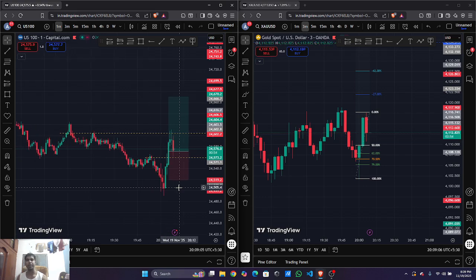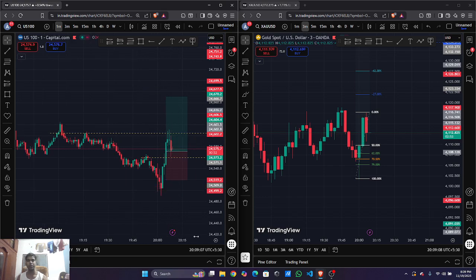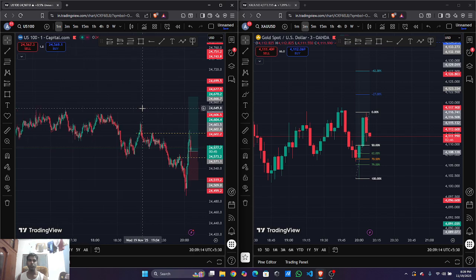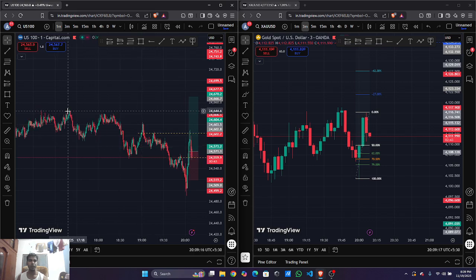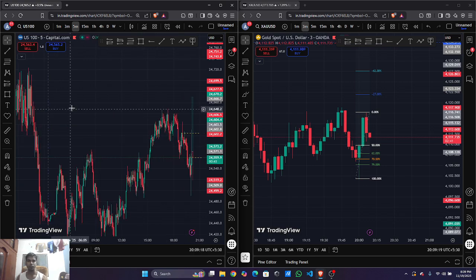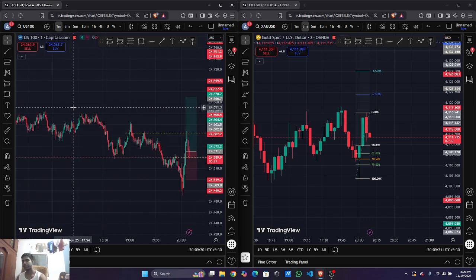I believe yesterday it manipulated. It went up, then it continued for the downside. So today it won't manipulate as per probability and continue for the upside. At least it should take the swings. Let's see.